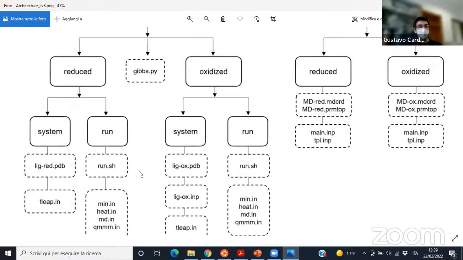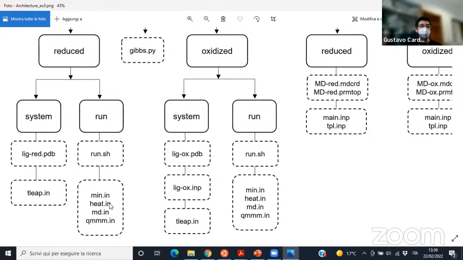Please notice here that we have minimization, heating, and MD. These three simulations we're going to perform using a classical force field, as I said before. This means that we are going to prepare a classical force field topology and also the corresponding coordinates from scratch.